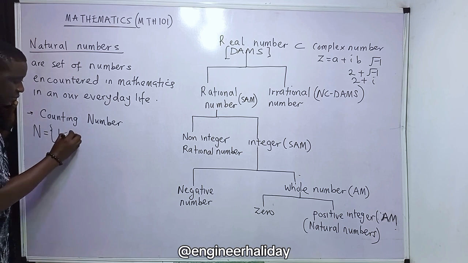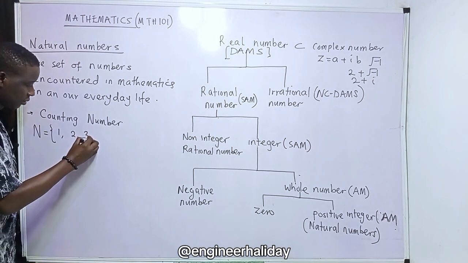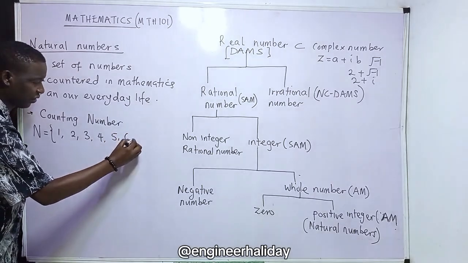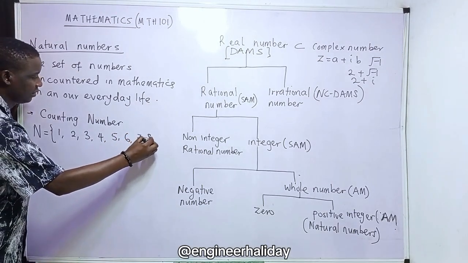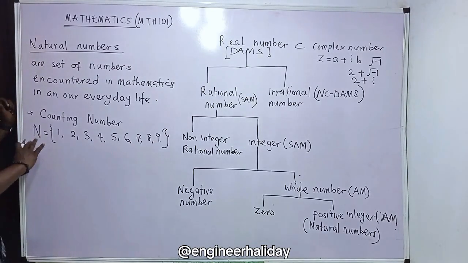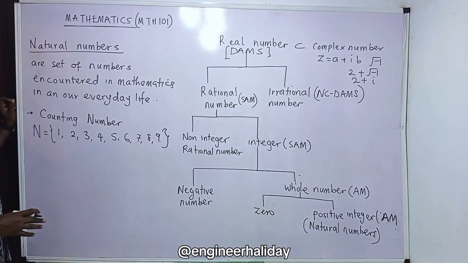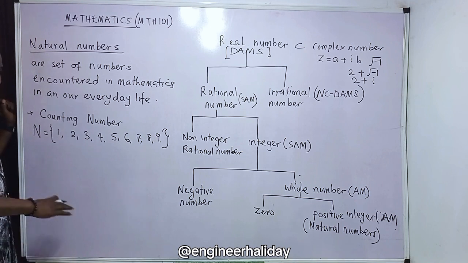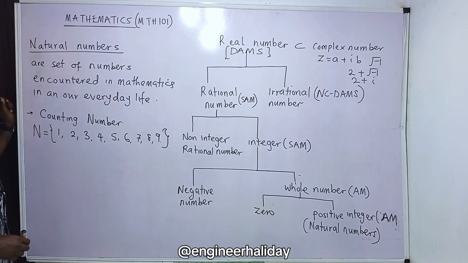We have 1, 2, 3, 4, 5, 6, 7, 8, let me stop at 9. These are counting numbers. They are numbers we use even in our basic knowledge of understanding maths. That was what they would introduce to us first. These are natural numbers.